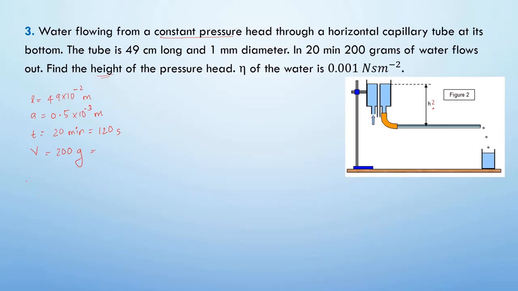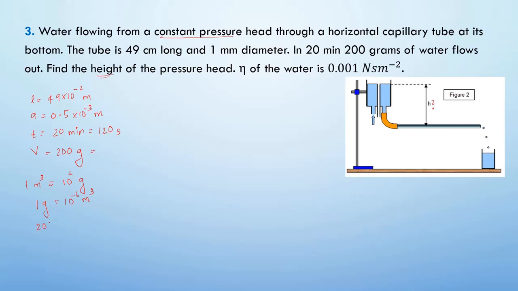For water, 1 meter cube is equal to 10 to the power 6 gram, or 1 gram is equal to 10 to the power negative 6 meter cube.